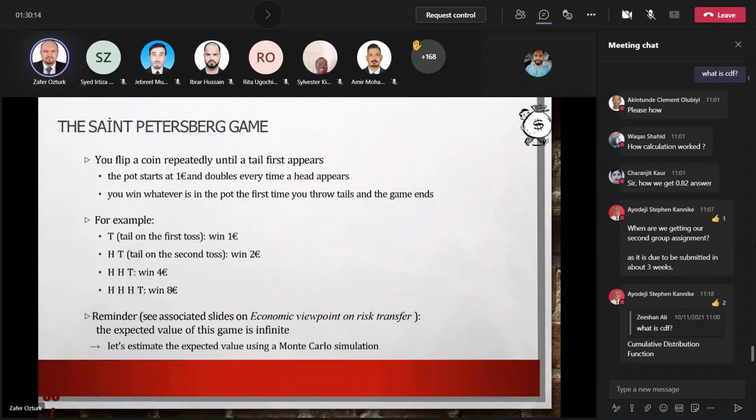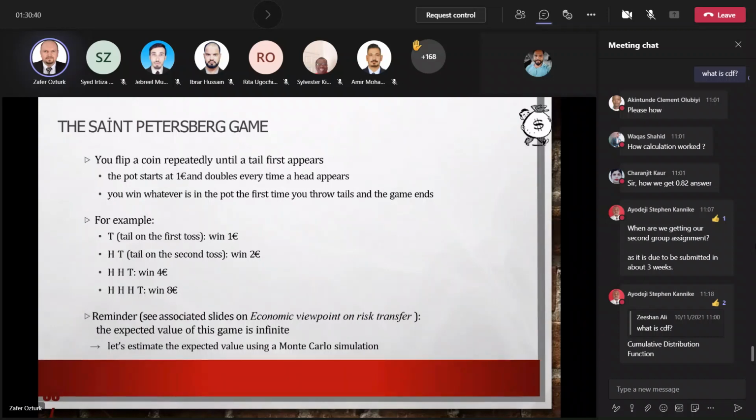We are not looking at pure randomness. Of course, we are making it with randomness, but we clearly start a new condition when the tail appears for the first time. You win whatever is in the pot the first time you throw tails, and the game ends.